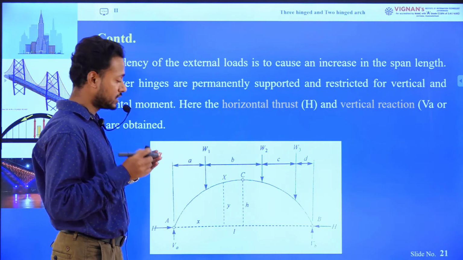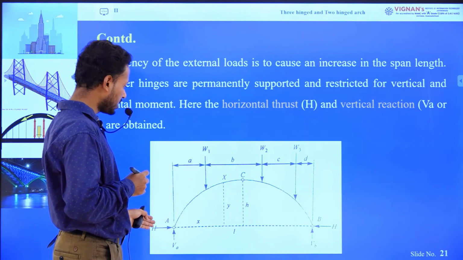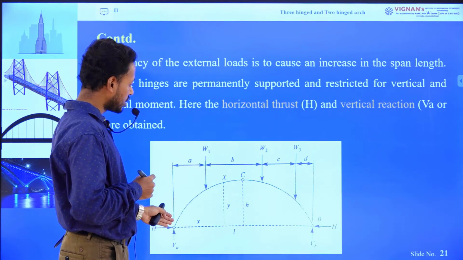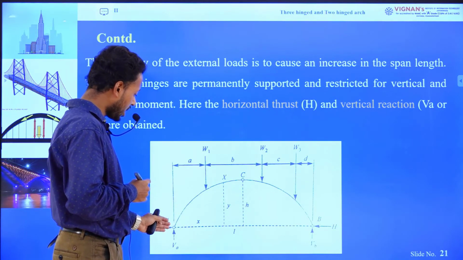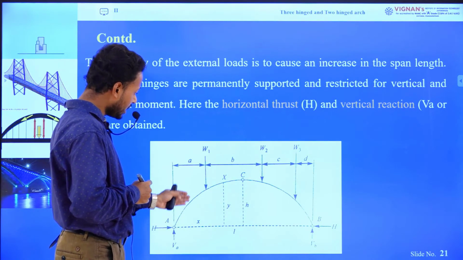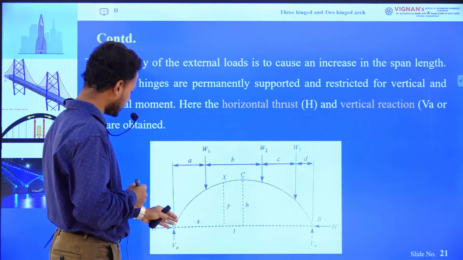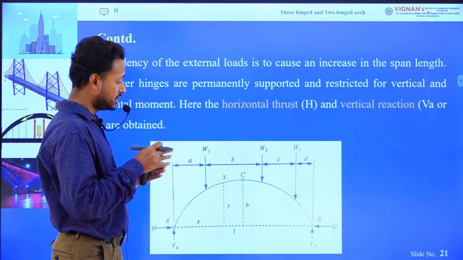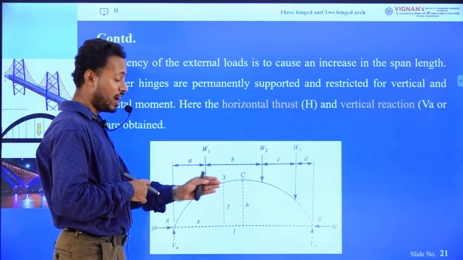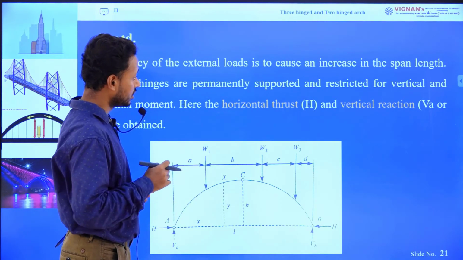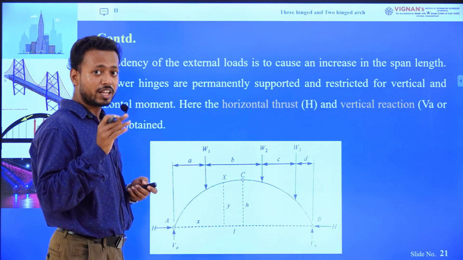Here the horizontal thrust is always trying to push inward, and these loads are trying to push outward, so the net displacement will be 0. So the supports will be unyielding and they will stay intact in their actual position. So the vertical deflection tends to 0.